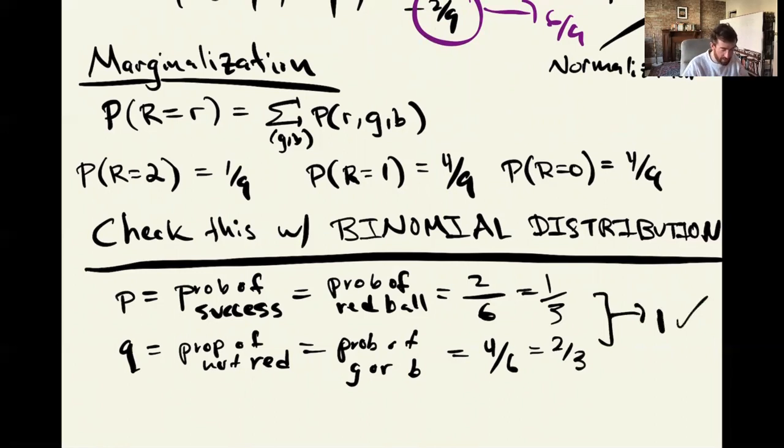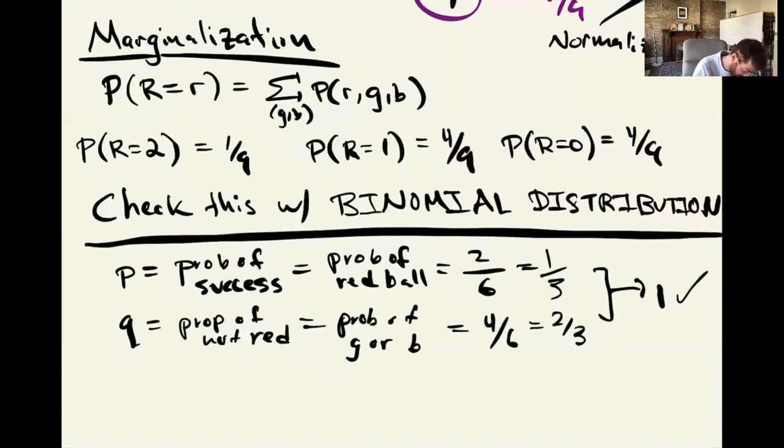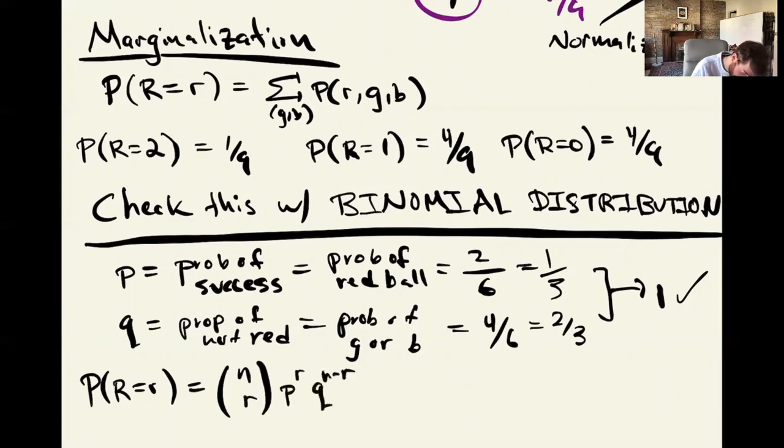And then remember, for counting the number of successes out of n trials, I used my formula. My probability that big R equals little r is going to be n choose little r times p to the r and then q to the n minus r.